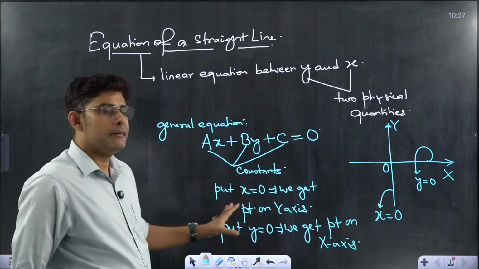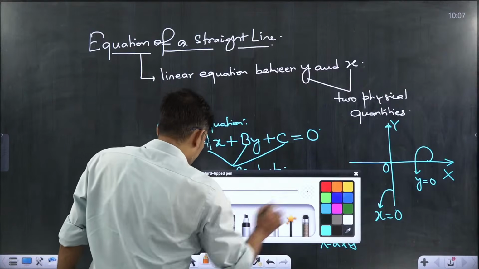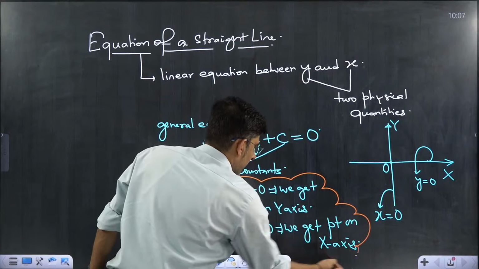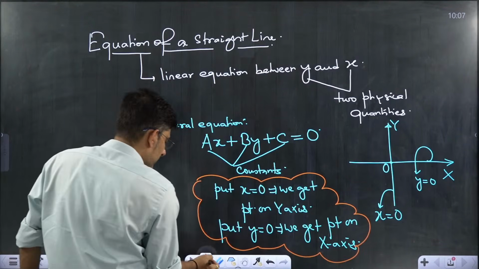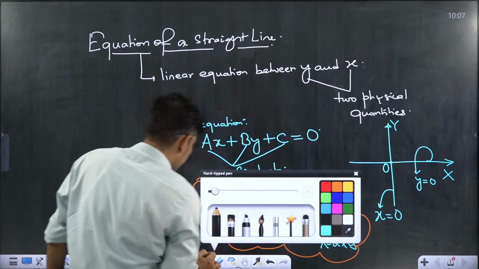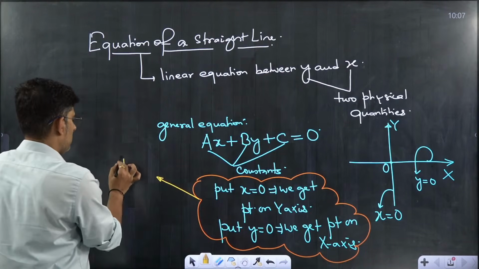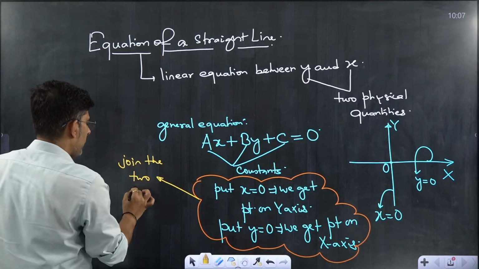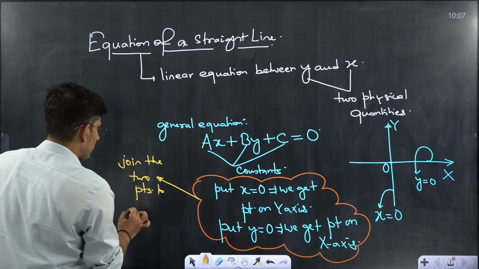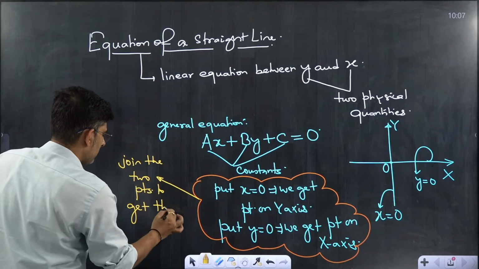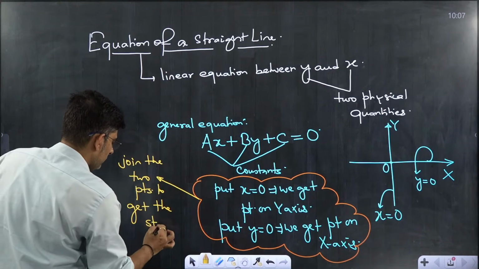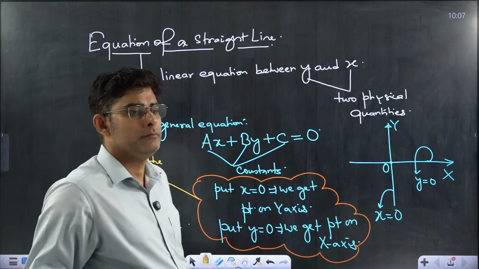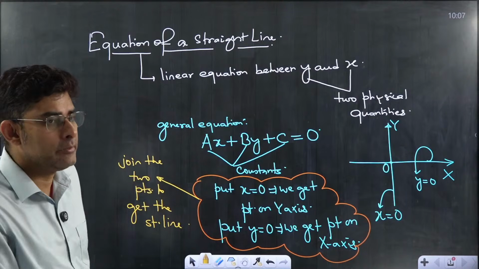So the strategy is you have to find points on x-axis and y-axis, and once you get these 2 points, finally what you have to do is join the 2 points to get the straight line. It is not hit and trial method, beta.